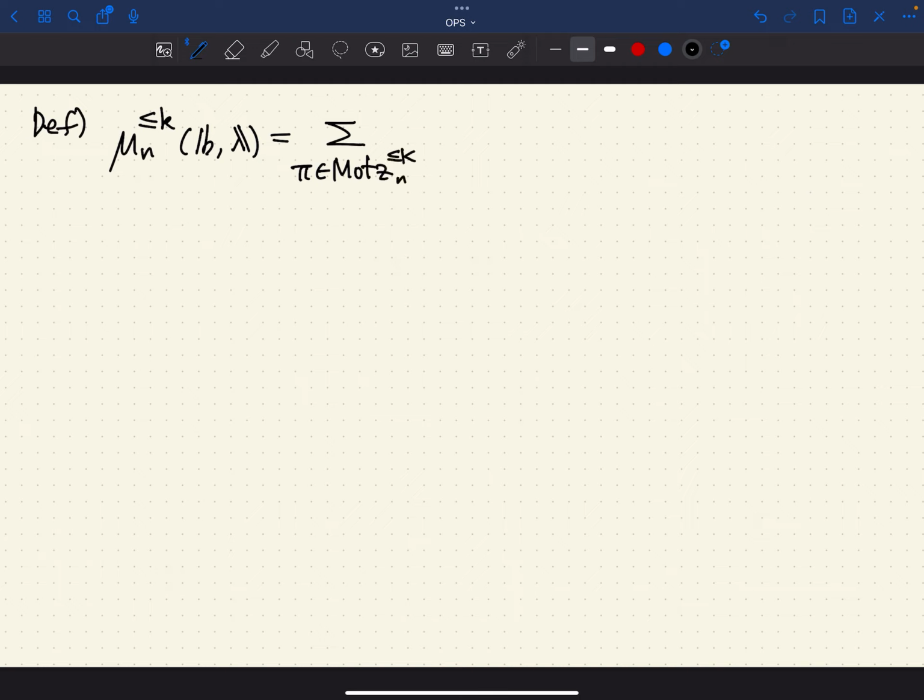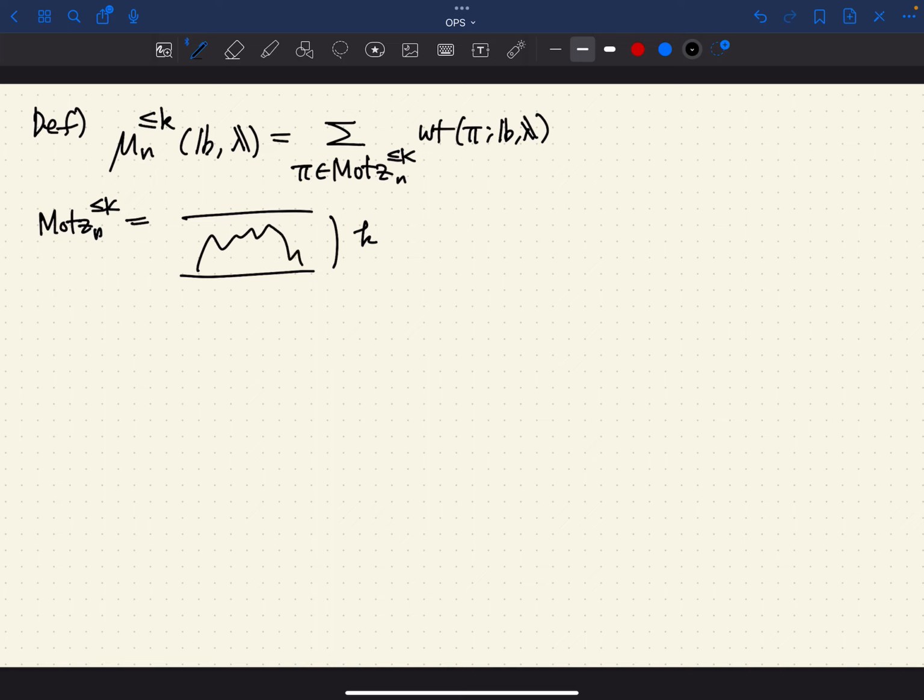This notation means you can imagine all Motzkin paths with height less than k. It may touch and even go horizontal in this. So the maximum height is less than k, and you only consider those. That's the definition of this notation. Pretty simple. If k is infinity, then you can just ignore this. That's the usual moment. Okay?